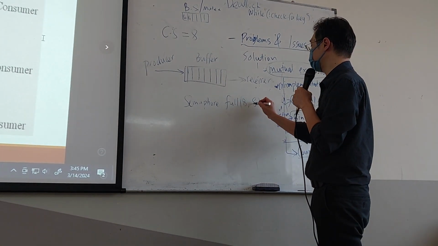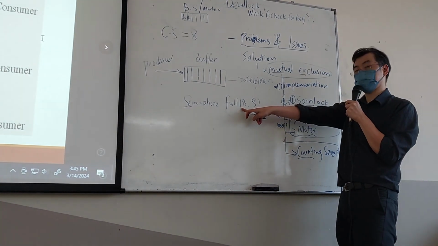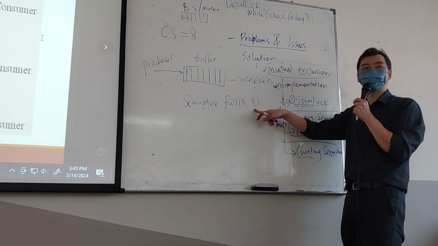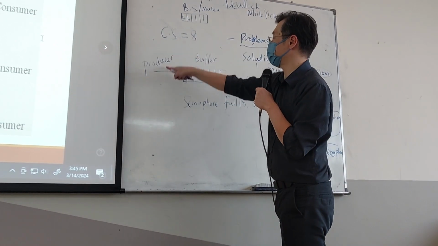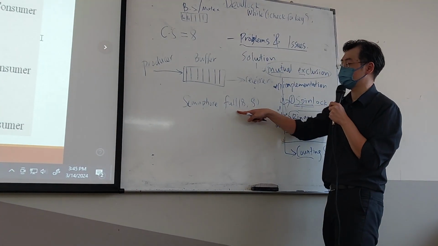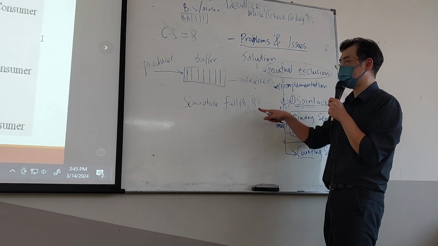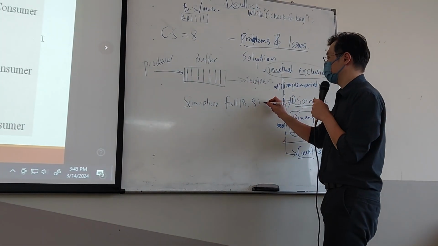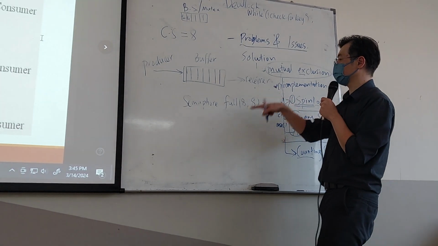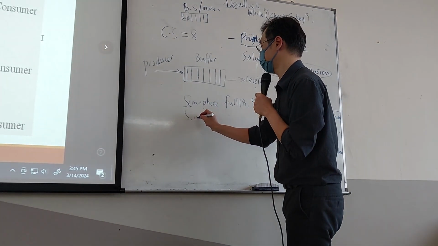Full 8, 8. The maximum value is 8, and my initial value is 8. That is used by the producer. The producer is going to use this semaphore. It's a counting semaphore because the maximum is 8, and the initial value is 8. And the receiver is going to have another one, its own one.